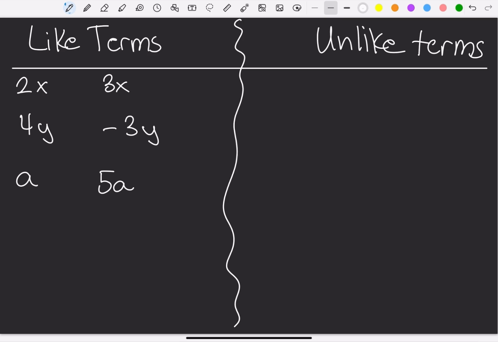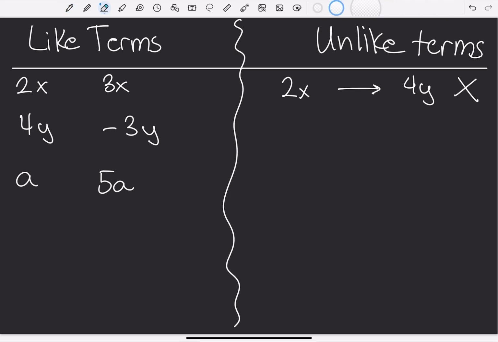Well, what about unlike terms? If you take a guess here, if you said that unlike terms are terms that are not similar or not alike in any way, then you are absolutely correct. Let's take that 2x from before. Let's say the term next to it is 4y. Are they the same? No, they are not like terms.